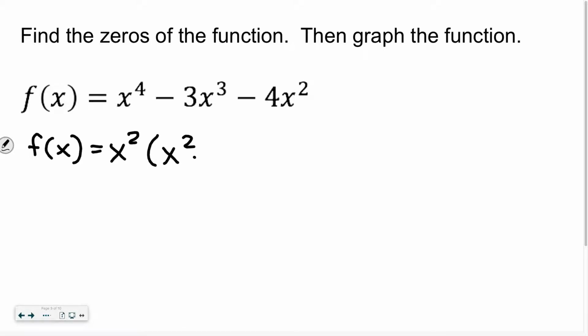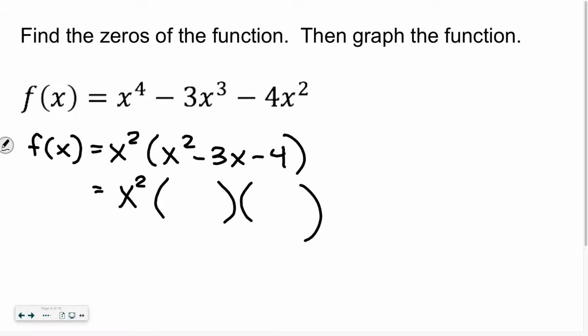That leaves me with x squared minus 3x minus 4. Then I have to check what I factored my GCF from. Does that also factor? That's a trinomial. Do you have factors of -4 that add to make -3? -4 and 1. So you have x minus 4 and x plus 1.